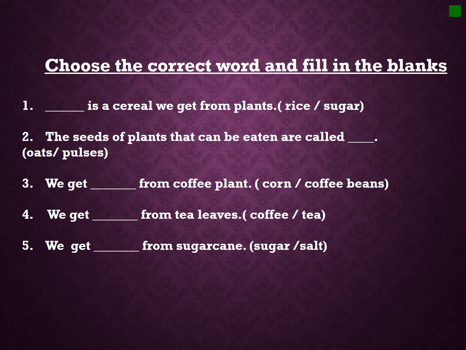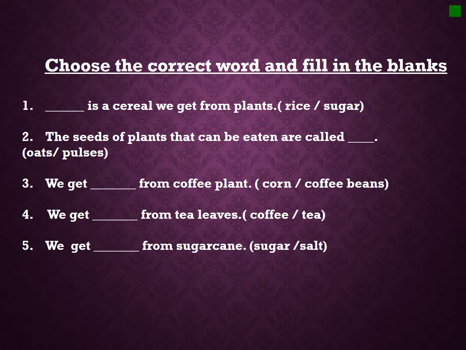Choose the correct word and fill in the blanks. Number 1, is a cereal we get from plants. Rice or sugar? Write the answer. Number 2, the seeds of plants that can be eaten are called pulses.